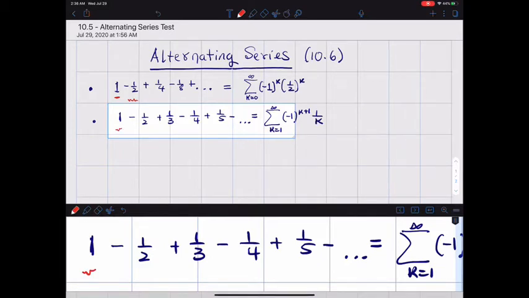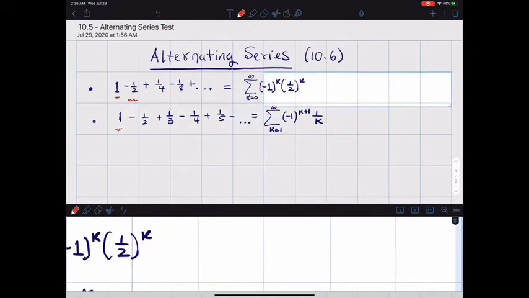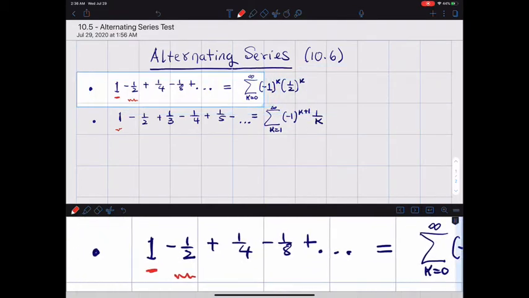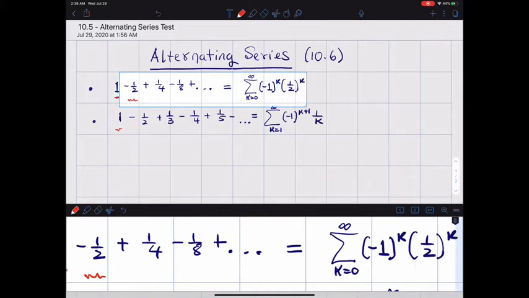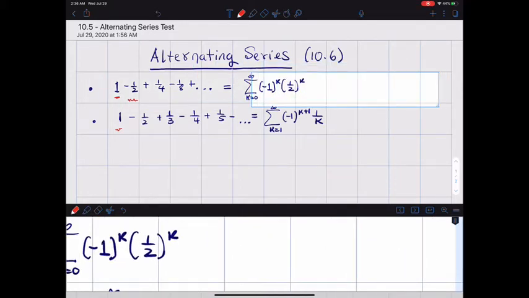Okay, and so forth. So if you look at these two series, you realize that we've looked at series of these forms before. We've looked at 1 plus 1 half plus 1 fourth plus 1 eighth plus 1 sixteenth, and so forth. And that's just the summation from k from 0 to infinity of 1 half to the power of k, right? And that we know is the geometric series. So when you now alternate the signs, we call them alternating series.